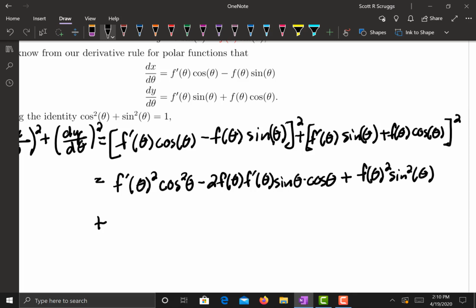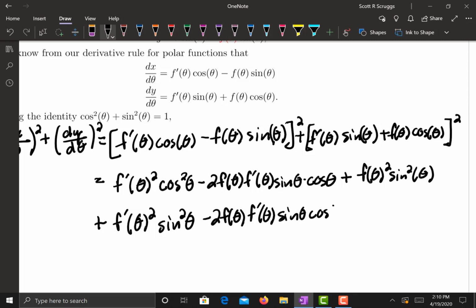And doing that, we'll get the first derivative squared times sine squared of theta minus 2 f of theta times f prime of theta times sine of theta times cosine of theta plus f of theta squared times cosine squared of theta. That should be a cosine, not a sine. I cannot read today, and there we go.